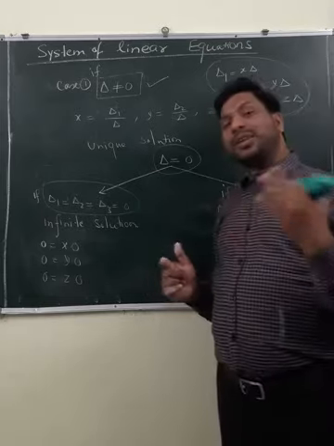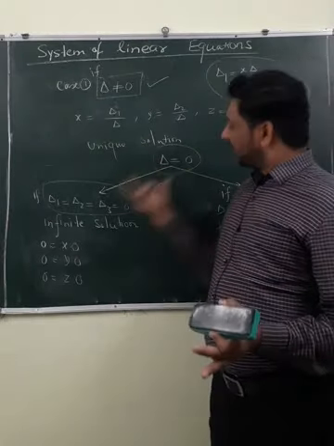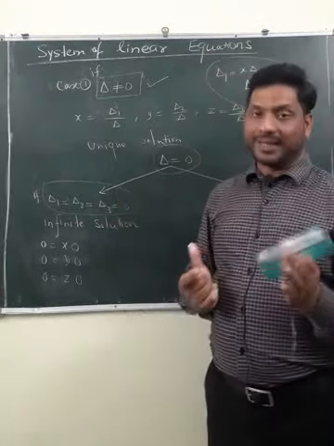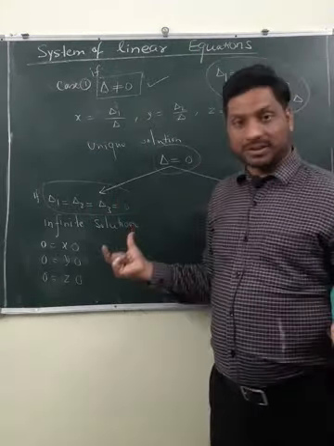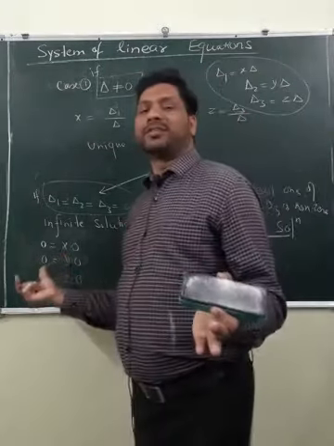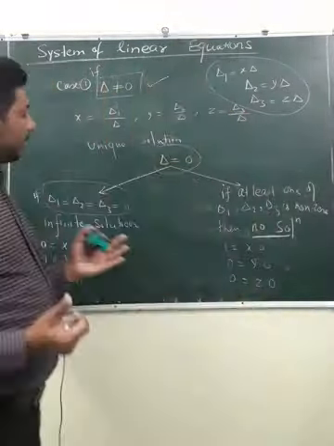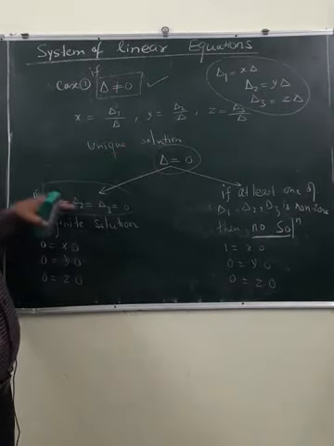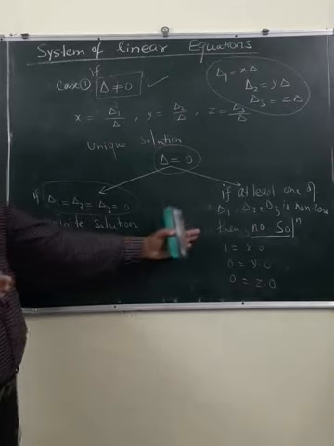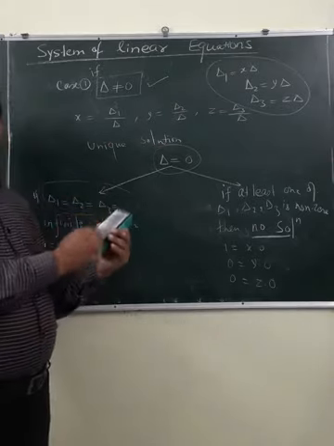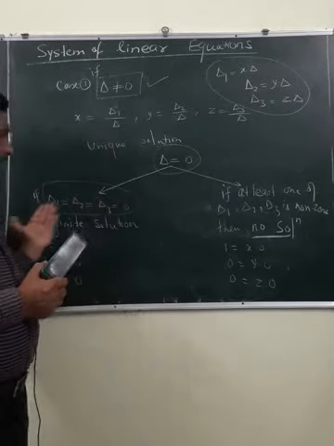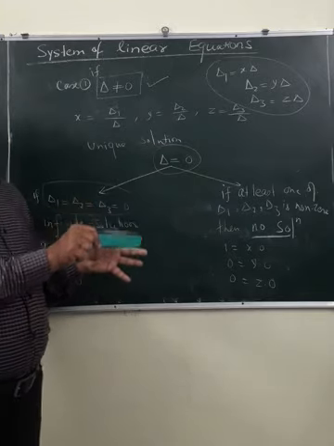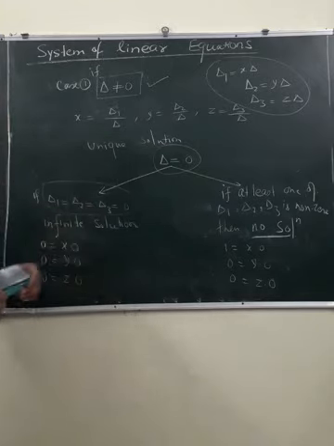But it is not sufficient, means if all deltas are 0, it is possible that we don't have infinite solution. So for getting infinite solution, we must have delta 0 and all are 0. But if all are 0, there is a possibility that we don't have infinite solution.